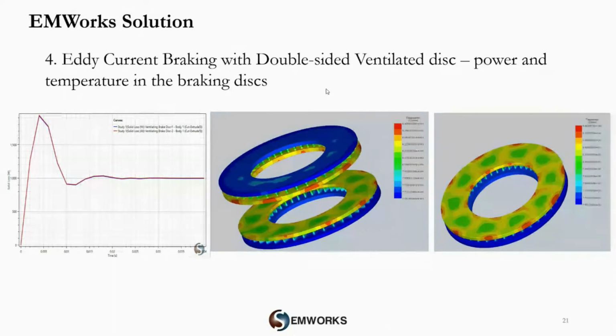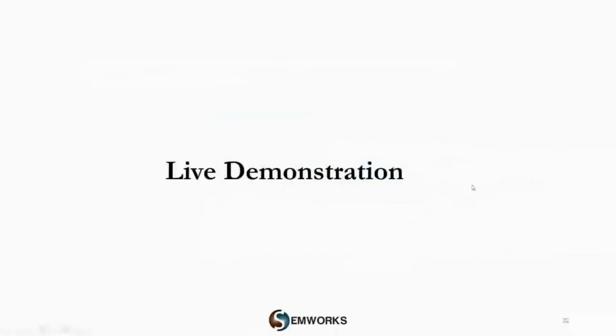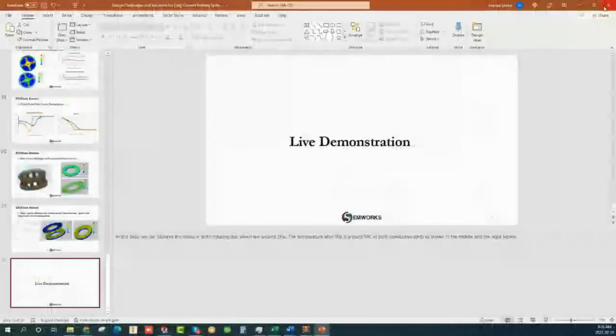This one shows the temperature distribution. And again, a temperature like 84 °C may be okay for certain materials, but it may be too much for others. So this is one of the design issues that you have to worry about. All right, so much for the PowerPoint presentation.